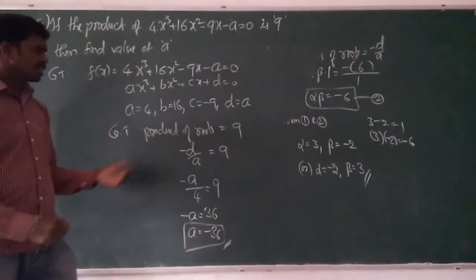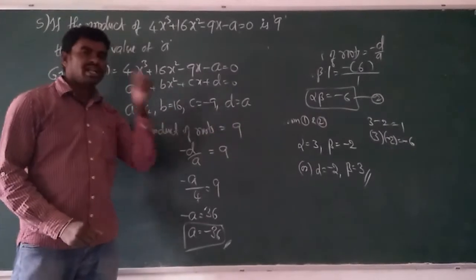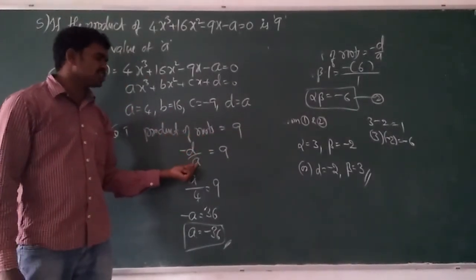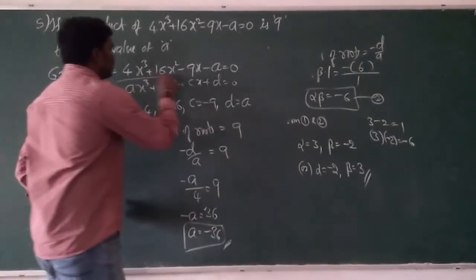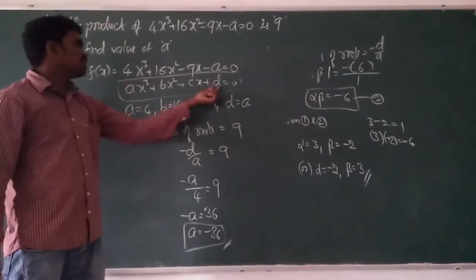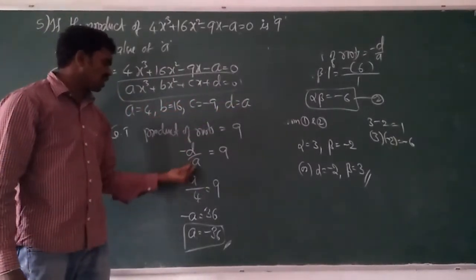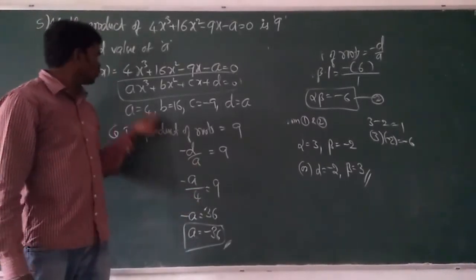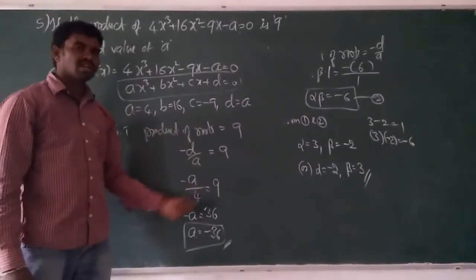Is it clear? See here, the product of the roots is equal to 9 is given, and generally we know that the product of roots is minus d by a. Here, d means a, so instead of d I have written a. Minus means minus, by means by, and the denominator a is 4, is equal to 9.